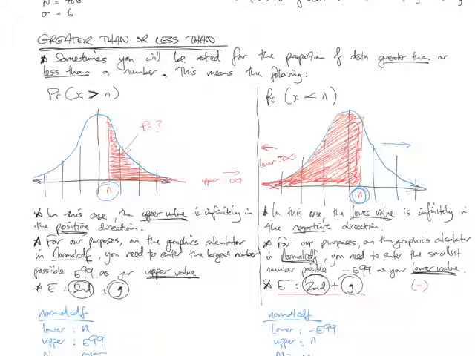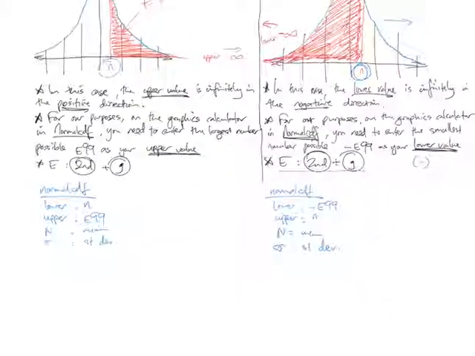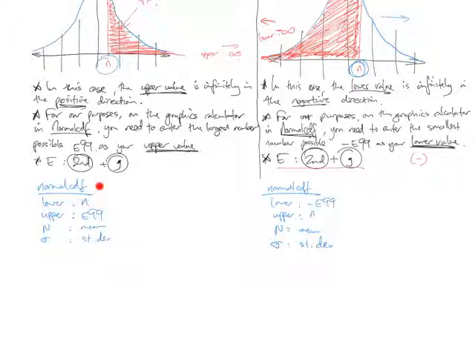And so if your numbers don't sit exactly on a standard deviation, then you have to use the graphics calculator, and the function that you use is NormalCDF. You access that with second vars, I think, and then you select the second option, NormalCDF. Alright, so hopefully that does help you out, and I'll see you in the next video.